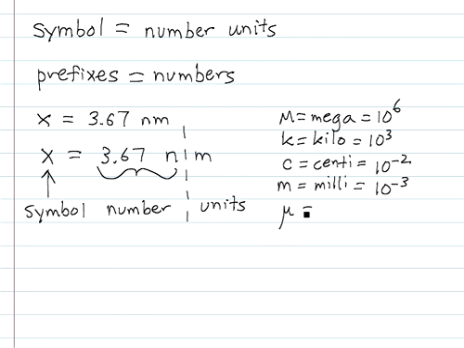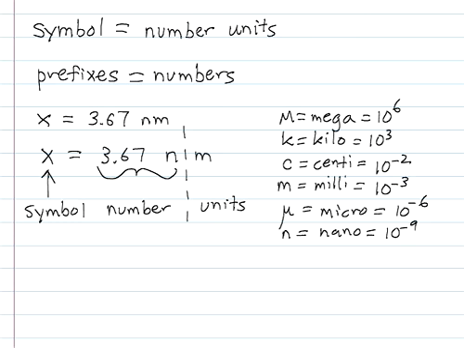And micro, it's a funny looking Greek letter, mu, it's a funny looking Greek M. Micro is 1/1,000,000th, which is 10 to the minus 6. And nano, the one we're using in this example, is 10 to the minus 9. So that's a 1/1,000,000,000th. And they keep going from there.